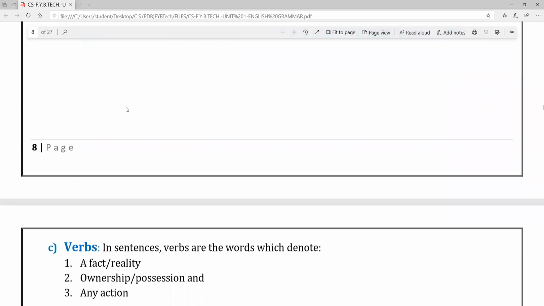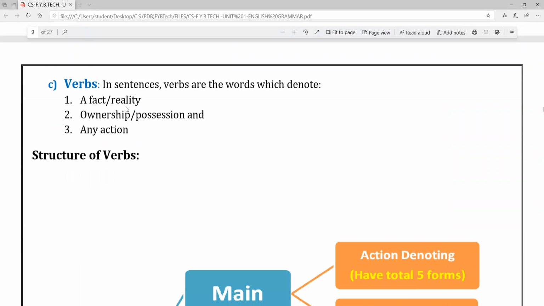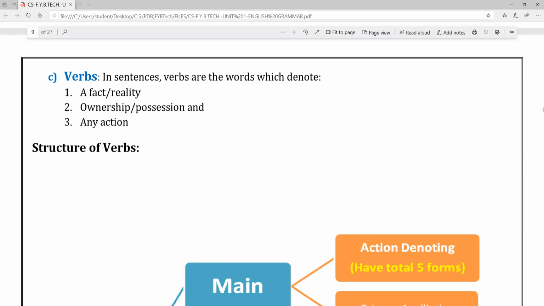Okay, so today we are going to start with the verbs. आपण आता verbs start करणार आहोत. So first of all we have to see what a verb is and why to use it in the sentence. So first of all, let's see the definition of the verb.